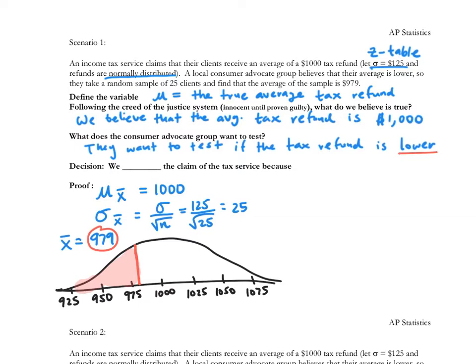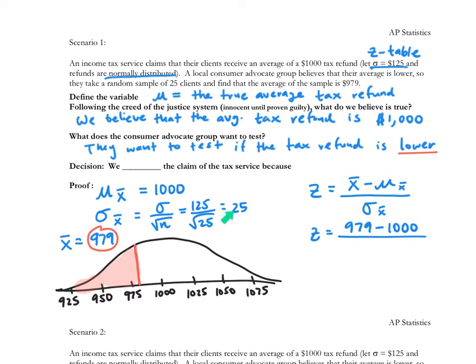And if you remember, we had to find a z-value, which the formula for that was the following. And so if I plug in my values, I get 979 minus 1,000 over, what's this value?